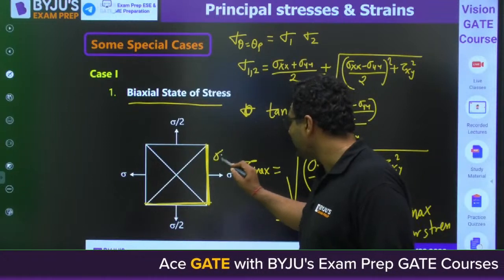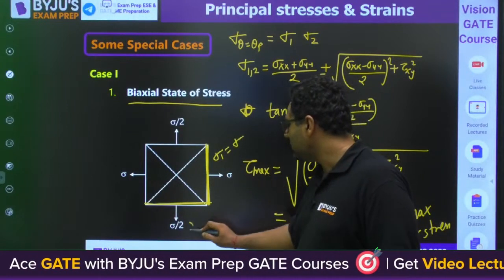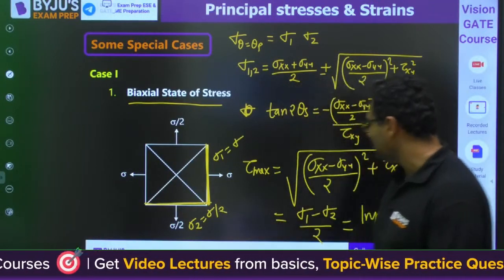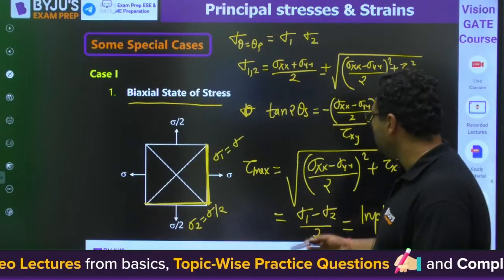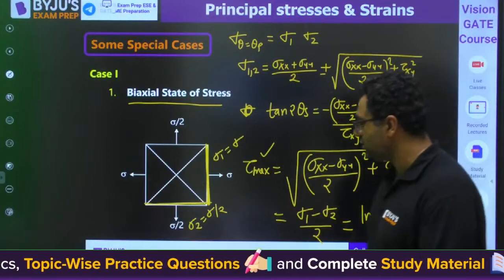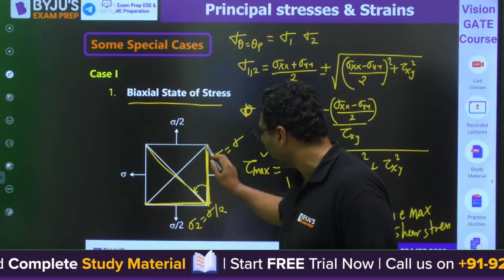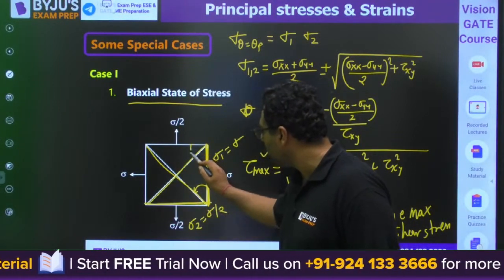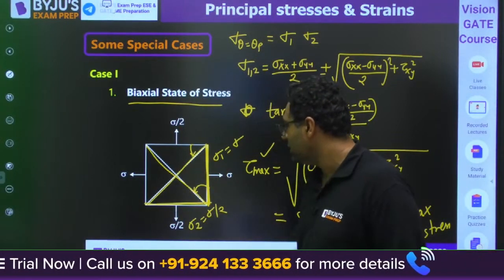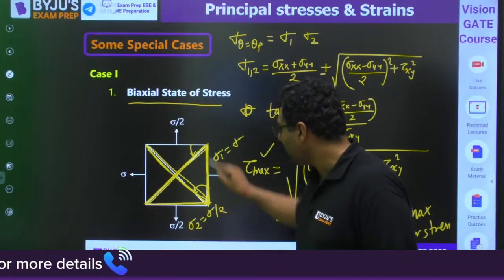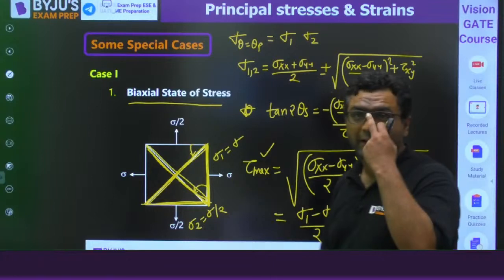So you can say directly sigma 1 is sigma 2 is sigma by 2. When sigma 1 is sigma 2 is sigma by 2, you can very easily find out the value of maximum shear stress. You know, the plane of maximum shear will be 45 degrees to the principal plane. So you can say diagonal planes are planes of maximum shear, x and y faces are the principal planes.